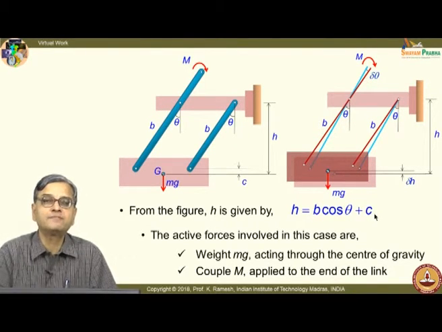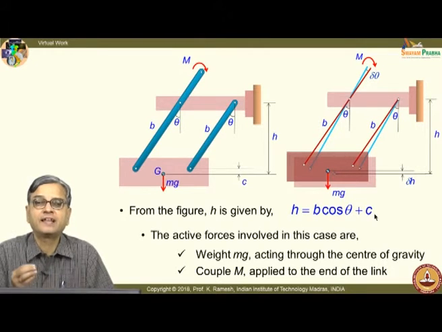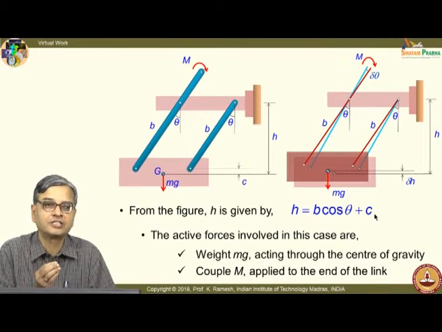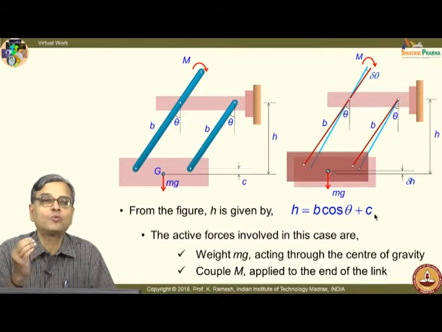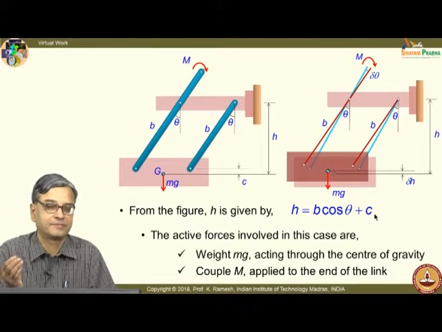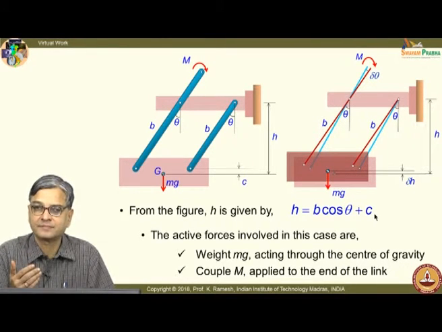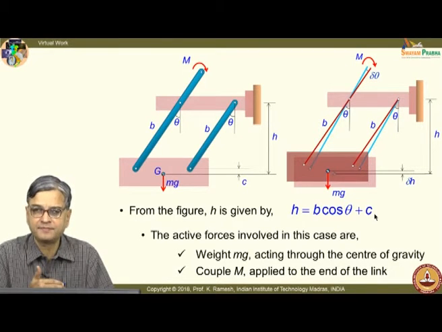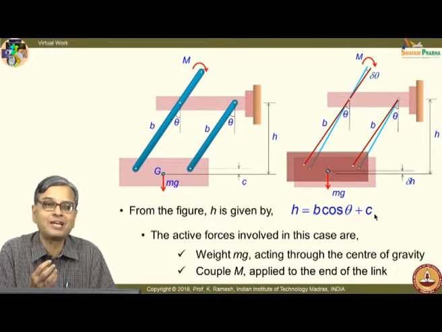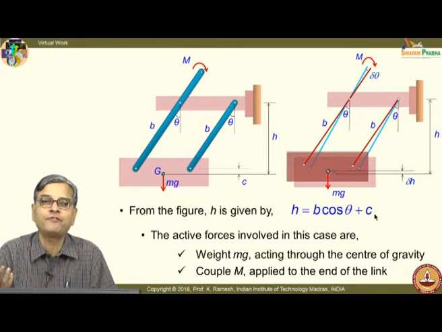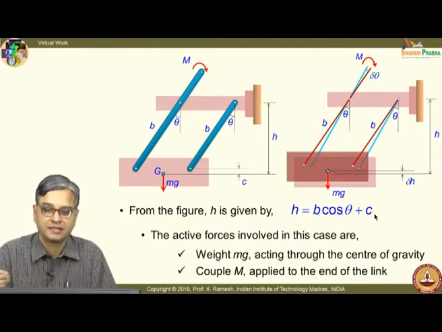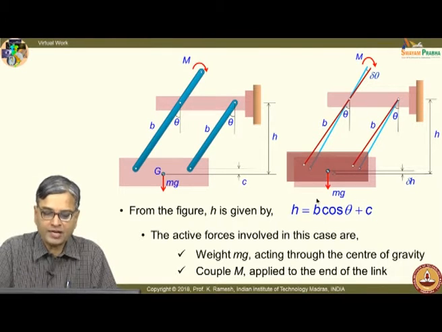So, the idea is we would like to find out if there is an incremental change in h, what way theta would change, because they are interdependent. There are constraints in the system, the way it is constructed. I can't arbitrarily have one value of delta h and have another arbitrary value of delta theta. They are interconnected. And let us look at the problem from a mathematical point of view.